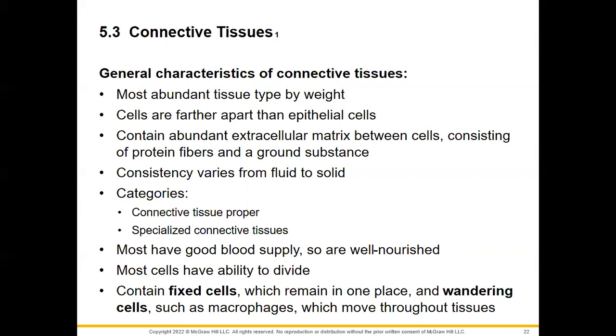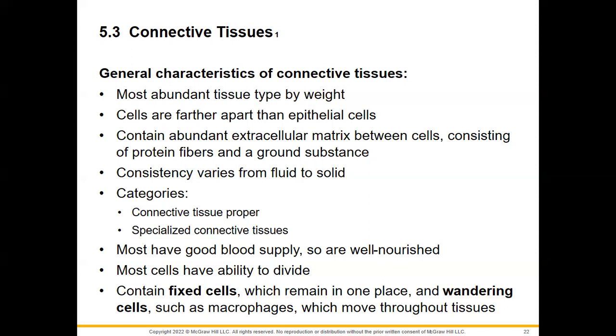So, in previous videos, when I talked about connective tissue, I talked about it being a tissue that is used to fill in spaces and protect. I also mentioned that it is the most abundant type of tissue and the most varied.